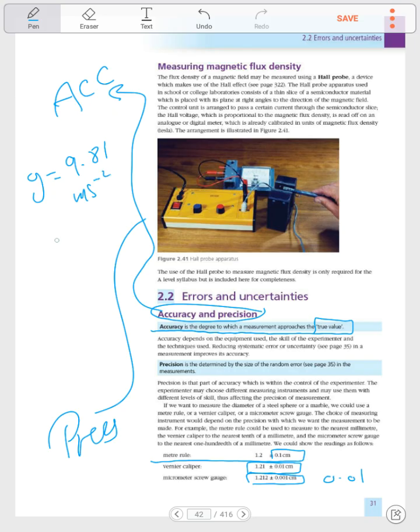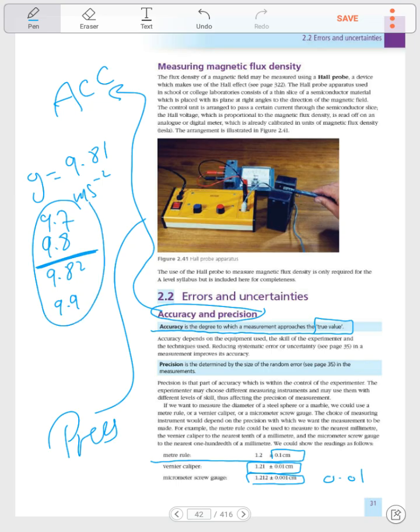If my values were 9.8 or 9.82 or maybe 9.9, 9.7, my values are around the exact value. So my readings are accurate.